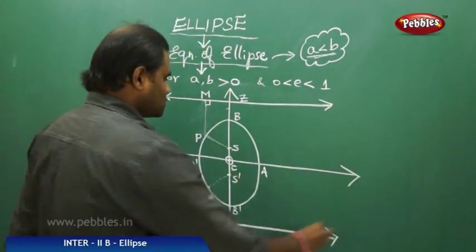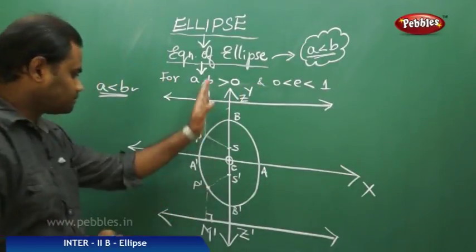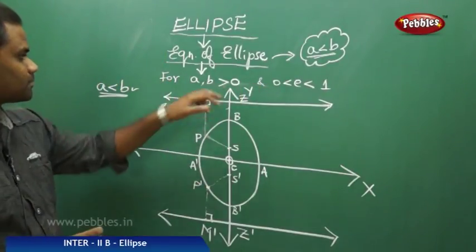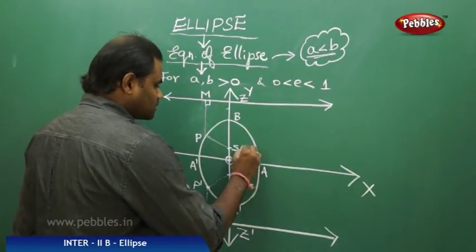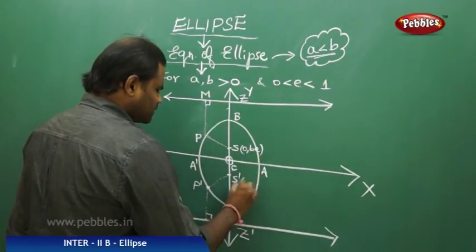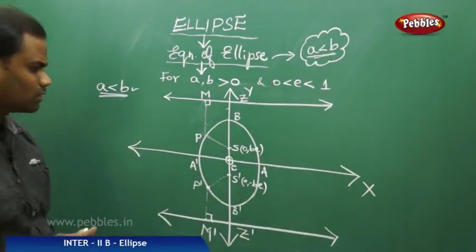So in this case of the x-axis and y-axis along which I have the ellipse with a less than b, my foci are (0, be) and (0, -be).